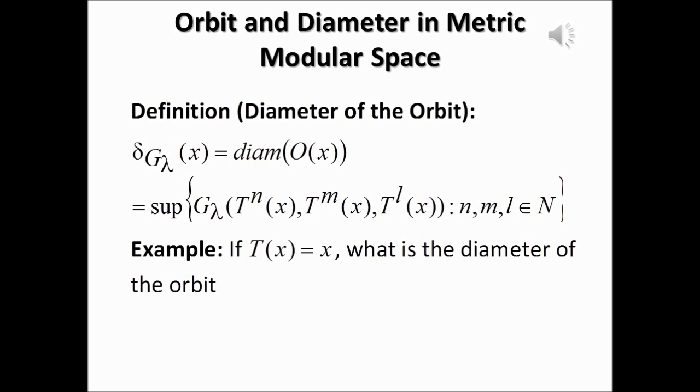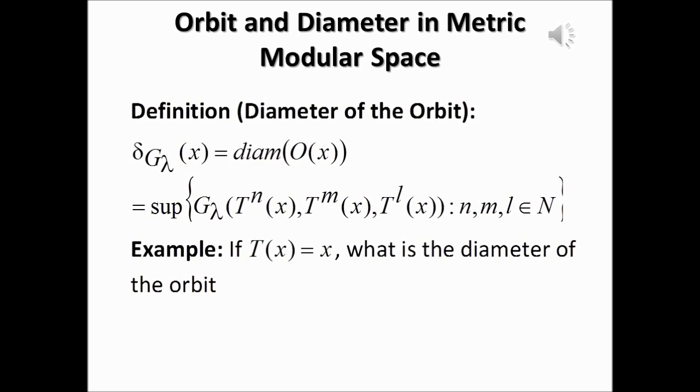So if we consider the set of chain distances between T^n(x), T^m(x), and T^l(x), that set is going to consist of just the zero element. Because remember, the chain distance between x, y, and z is equal to 0 if and only if x is equal to y is equal to z.